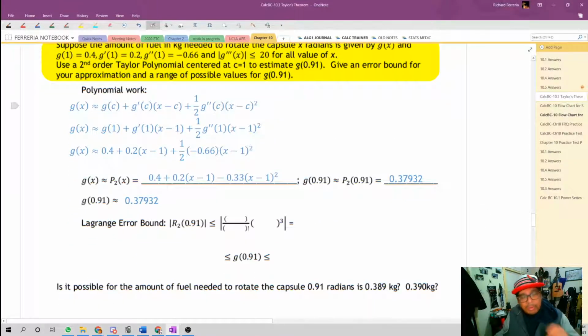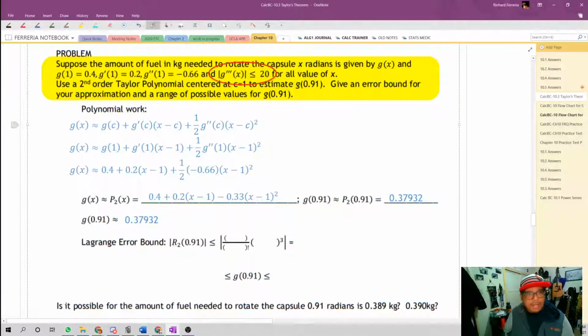Okay, now for the error part of this. We're going to use the Lagrange error bound. And the first thing that we need on our numerator is going to be the bound, the biggest value of the derivative. Now we have a second-ordered Taylor polynomial, so we need to find the biggest possible value for the third derivative, which luckily for us, they tell us that the biggest possible value of the third derivative is 20.